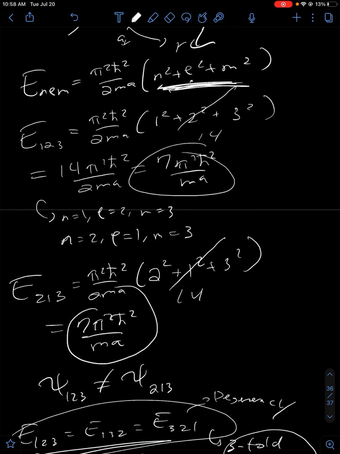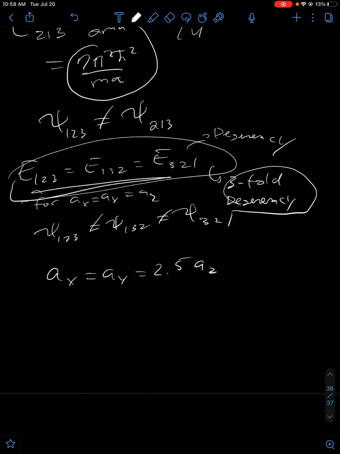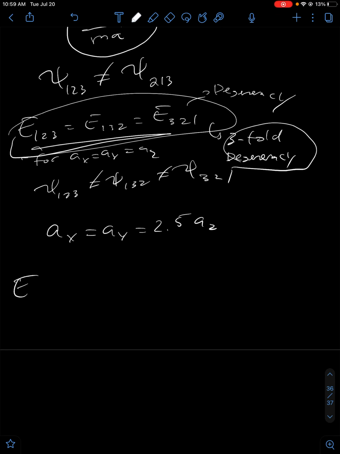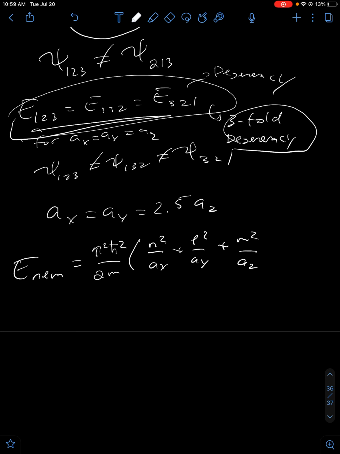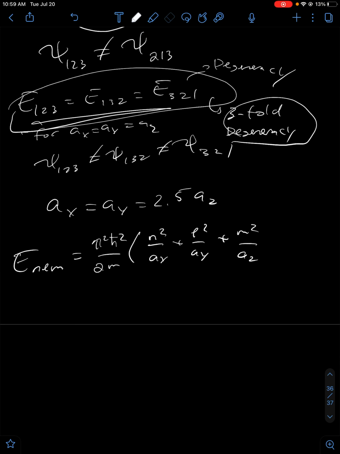Well, in that case, something a bit different happens. So E_nlm is just what is it again? Pi squared h bar squared over 2m, but we'd have n squared over ax plus l squared over ay plus m squared over az. Now, note that ax equals ay, so we can just replace this with a constant a.